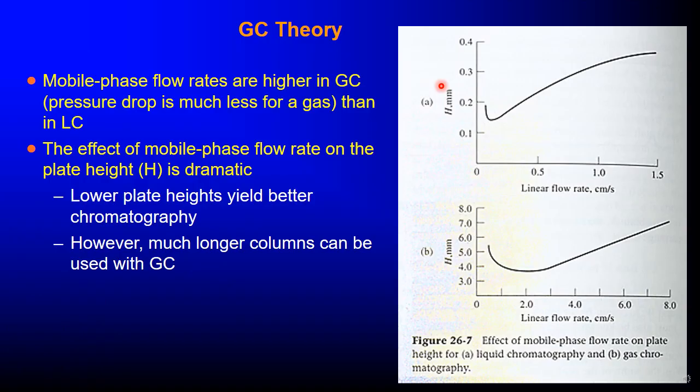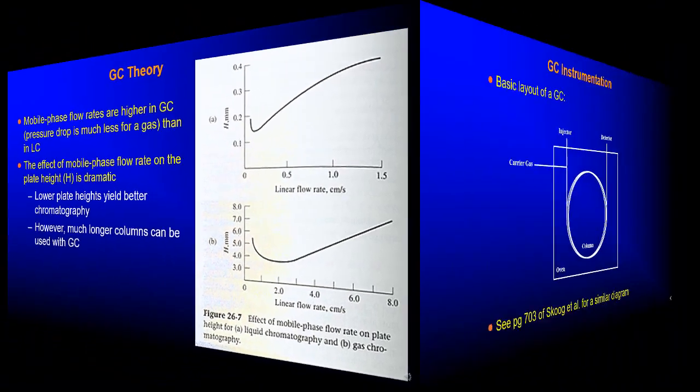Mobile phase flow rates are higher in gas chromatography because pressure drop is much less for a gas than in liquid. So the effect of mobile phase flow rate on the plate height is dramatic. Lower plate height yields better chromatography. However, much longer columns can be used with gas chromatography.